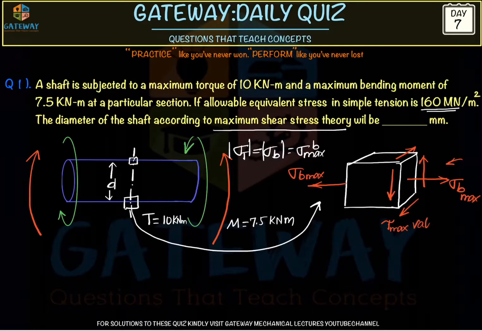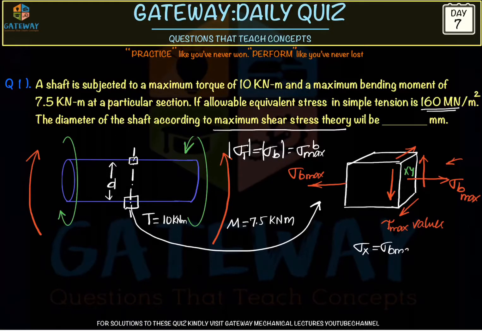Let's suppose this plane is the xy plane. Then sigma x is sigma b max, and there is no sigma y here, so sigma y is 0, and tau xy is equal to tau max.